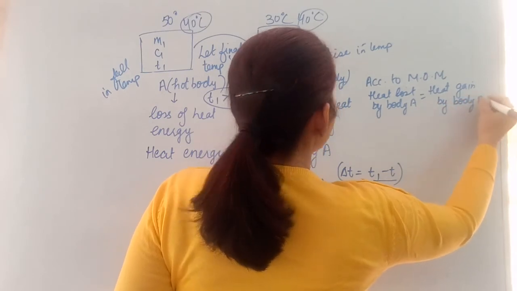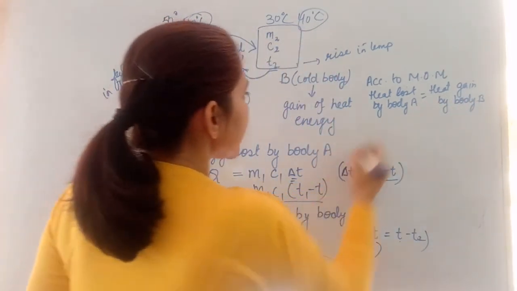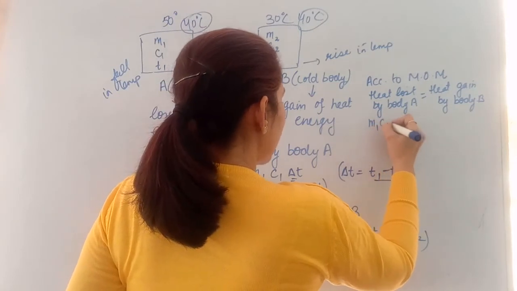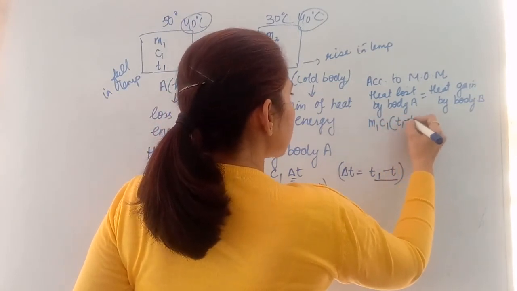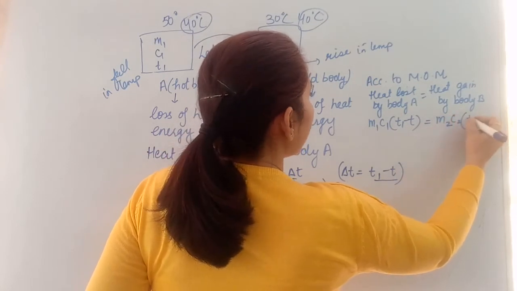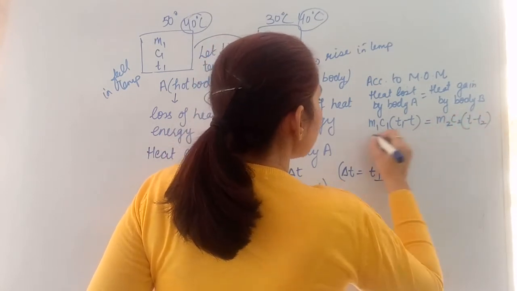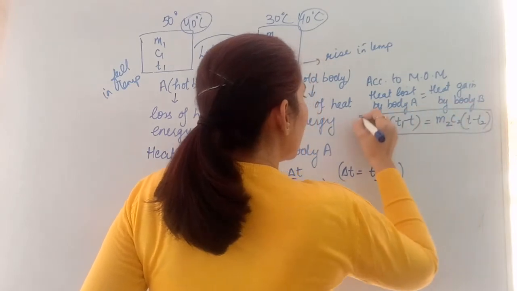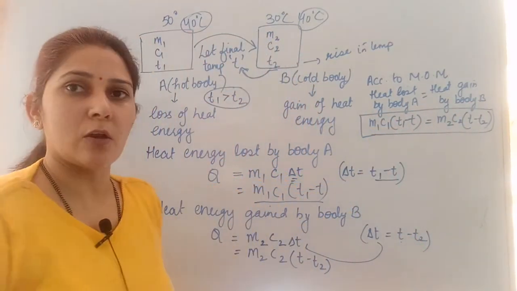Just put the values from these two equations: m1 c1 (T1 minus T) equals m2 c2 (T minus T2). This is the mathematical expression of the principle of calorimetry.